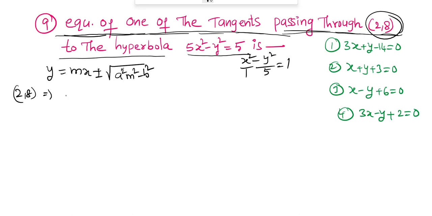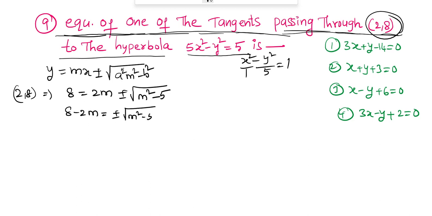Substituting (2, 8), that is 8 = 2m ± √(a²m² − b²), where a² is 1 and b² is 5. This is 8 − 2m = ±√(m² − 5). Squaring on both sides, (8 − 2m)² gives 64 + 4m² − 32m = m² − 5.